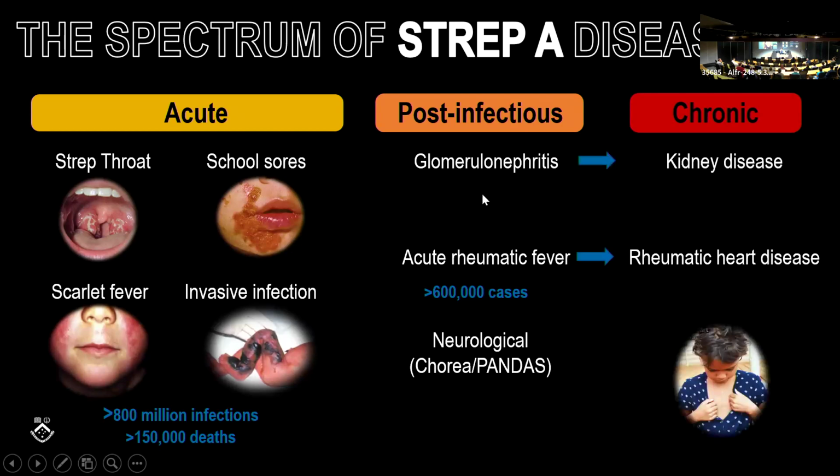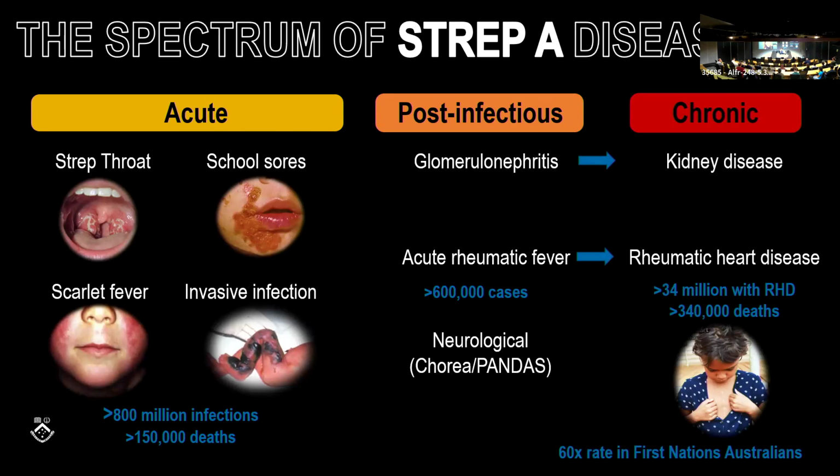And it's these two, the glomerulonephritis that can trigger chronic kidney disease and rheumatic fever causing rheumatic heart disease. So there are around the world 34 million people living with rheumatic heart disease and over 340,000 deaths. So these are just really, really staggering numbers. And sadly in Australia, our First Nations populations have 60 times the rate of non-Indigenous Australians.